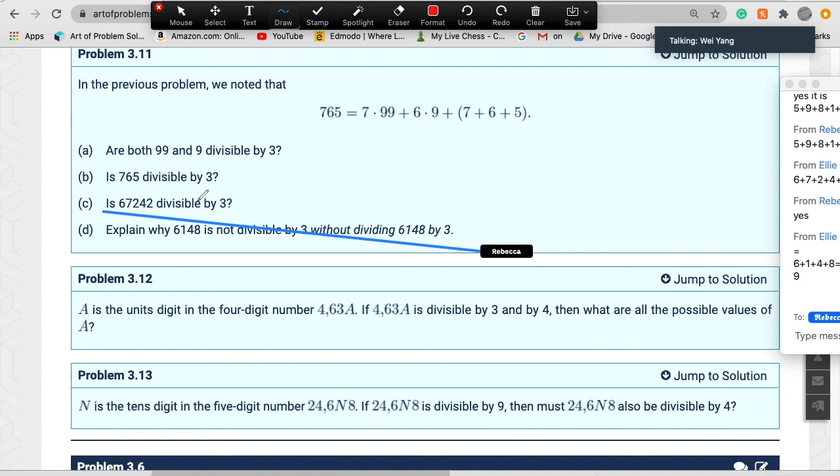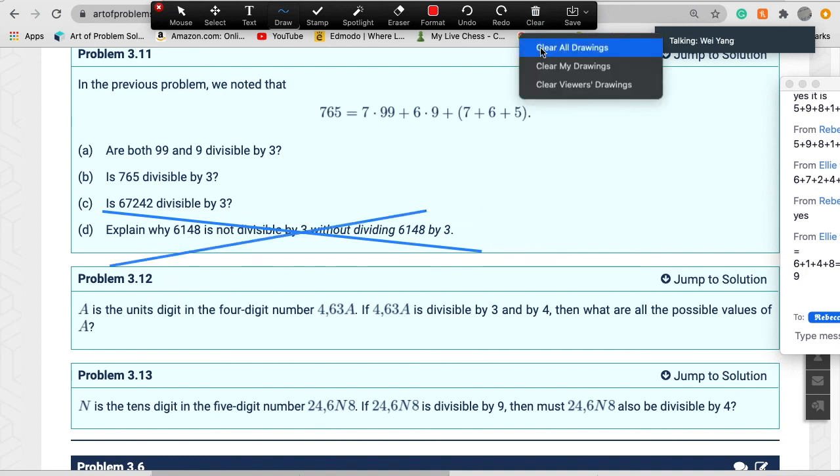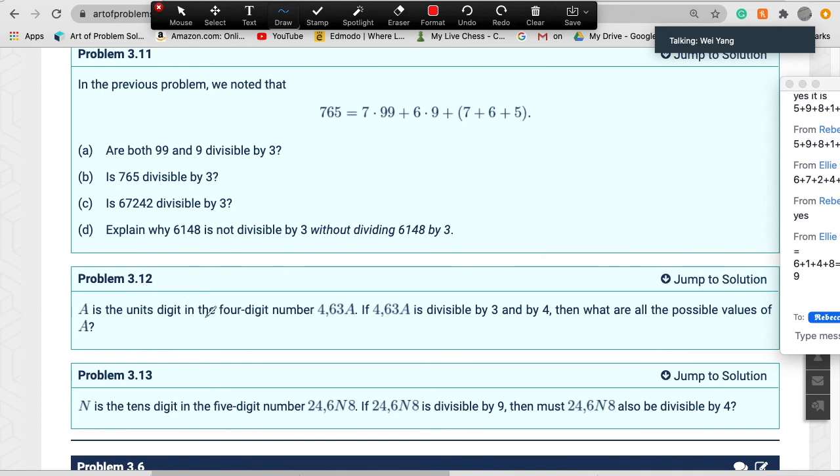Now let's say 12. If A is the unit digit in this 4-digit number, and this number is divisible by 3 and by 4, then what are all the possible values for A? Everybody do this.